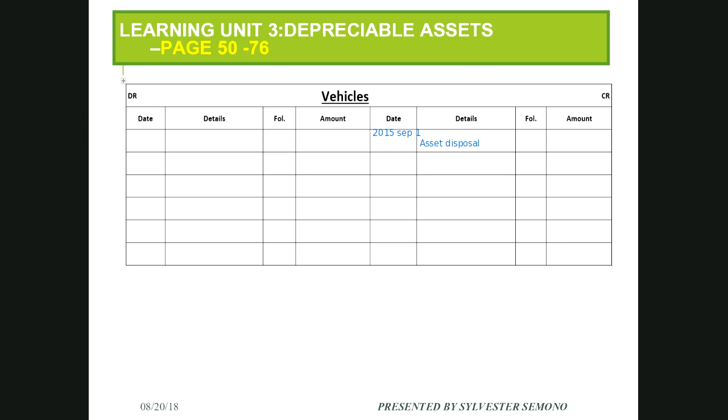What is the channel, please? GJ, because it's just a cost. If you can check, you cannot record it in the DJ, you cannot record in the CBR or CBP. The only option is GJ, and that cost is how much? Thank you very much for that. Any questions so far, guys?